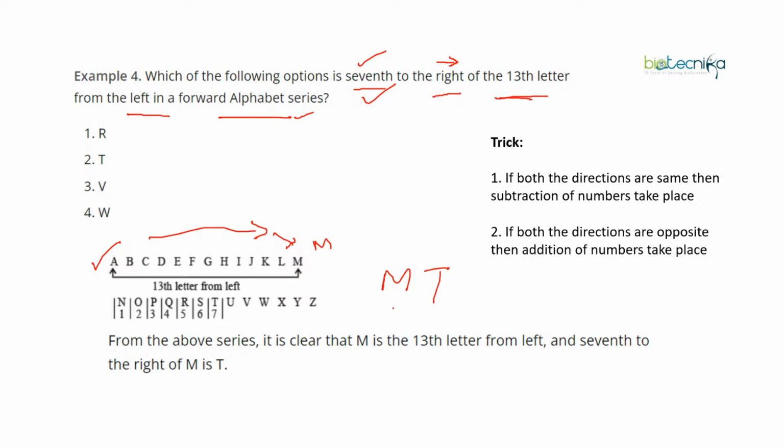So my answer is T, correct? But what is happening over here is I'm writing the whole alphabetical series A से लेकर Z तक, then I am trying to understand कौन सा position कहाँ पे है.